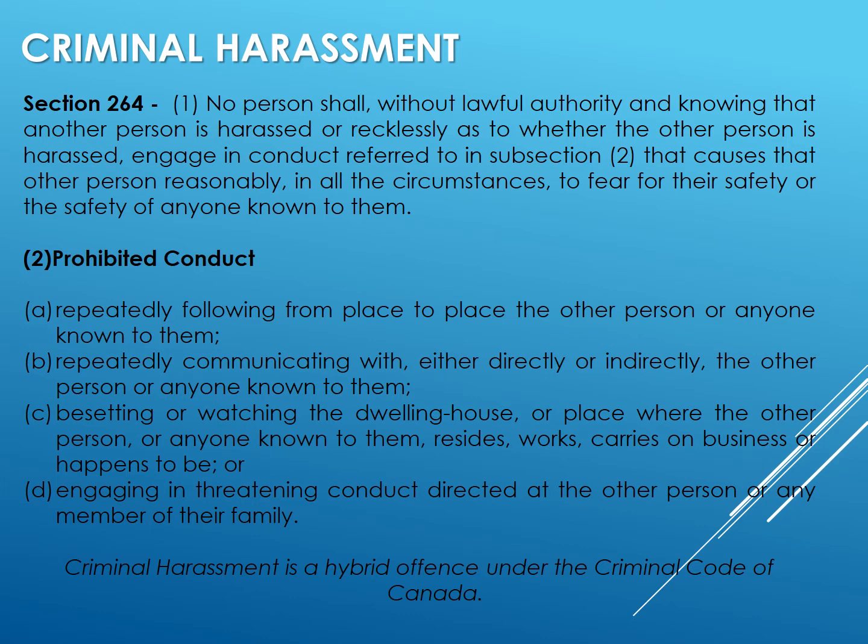B. Repeatedly communicating with, either directly or indirectly, the other person or anyone known to them. C. Besetting or watching the dwelling, house, or place where the other person or anyone known to them resides, works, carries on business, or happens to be. Or D. Engaging in threatening conduct directed at the other person or any member of their family. Criminal harassment is a hybrid offence under the Criminal Code of Canada.